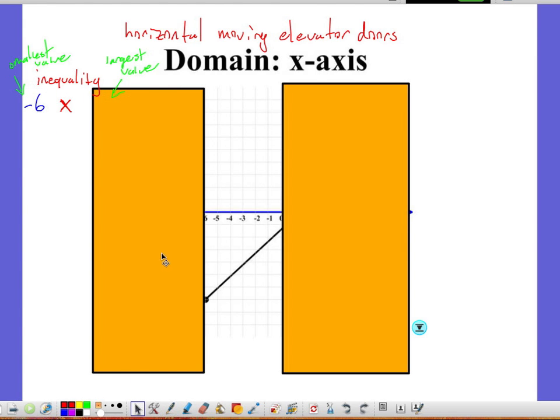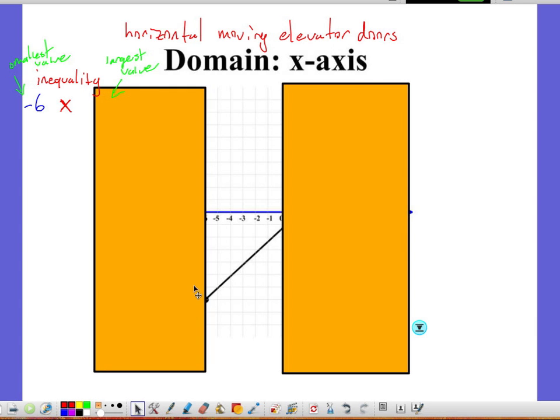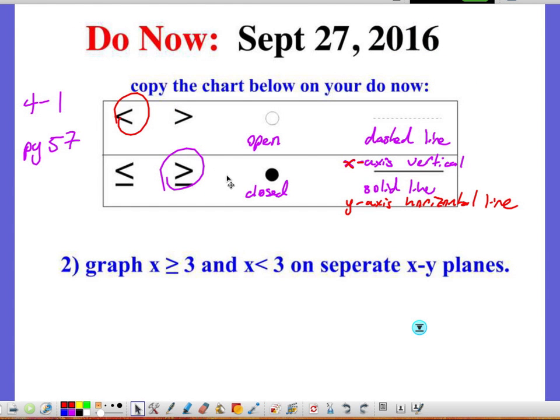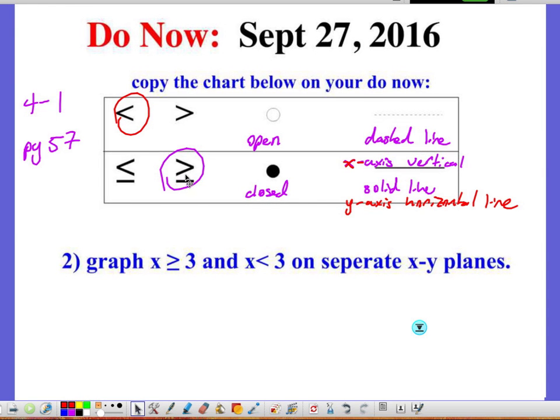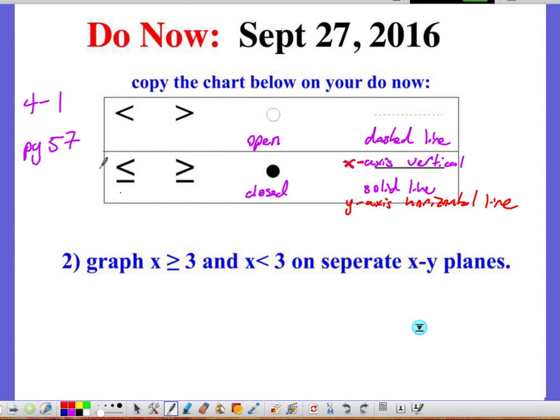Now here's something important. Do we have a closed or open circle at -6? And we see that we have a closed circle. So going all the way back to my chart, if I have a closed circle, that means I'm using... Now there's something about the way we set this up. We're only going to be using either less than or equal to.